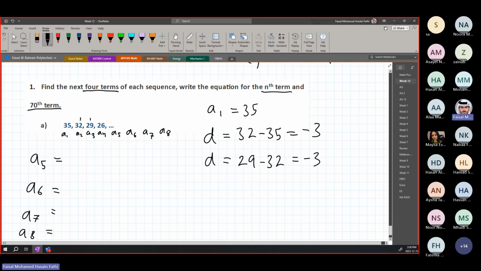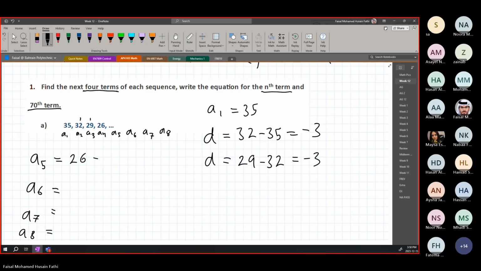You can simply go, because they're the next four numbers, you can do 26 minus 3, okay? Because you have to just do minus 3, minus 3, minus 3, and you'll get the next number, and so on and so forth. So 26 is A4, minus 3, this is equal to 23.